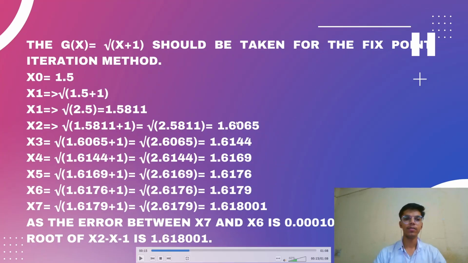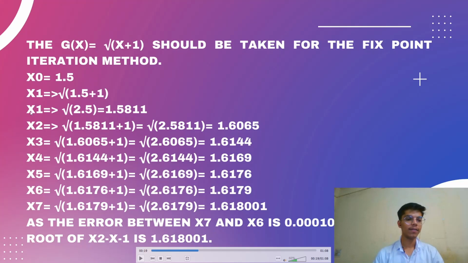Now we will assign g(x) equal to the square root of x plus 1, and use it for the fixed point iteration method. As we have already mentioned, x0 equals 1.5. Now we will find the value of x1 by putting the value of x0 in this g(x) function.